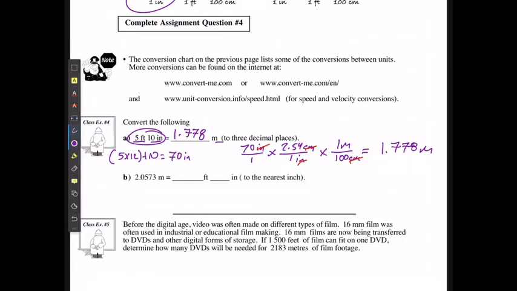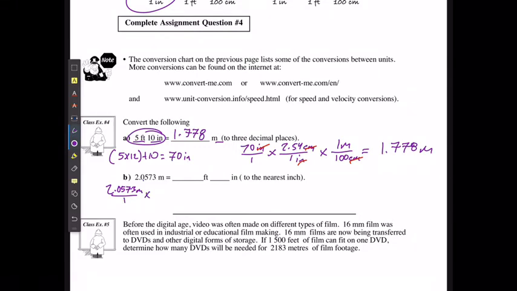If I'm doing 2.0573 meters, I'm going to do it into feet and inches, do the exact opposite process. I'm going to do my unit analysis first and say that I have 2.0573 meters over 1, and then I'm going to convert this into inches first.